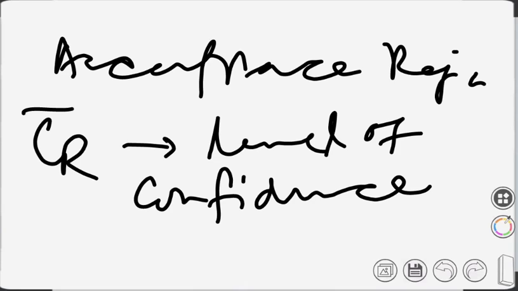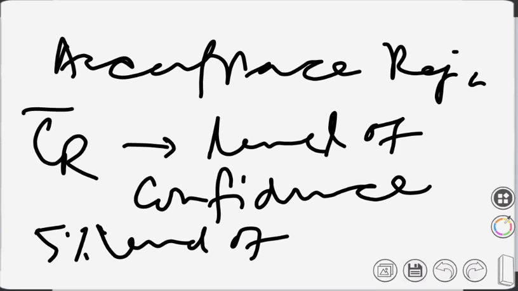So if I say 5% level of significance, that will mean that the critical region will be the 5% area of the graph, or the probability of the critical region will be 5%, and the probability of the acceptance region will be 95%.